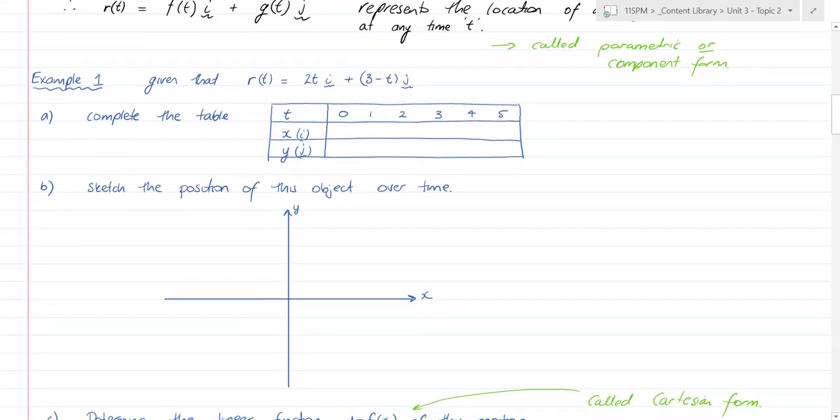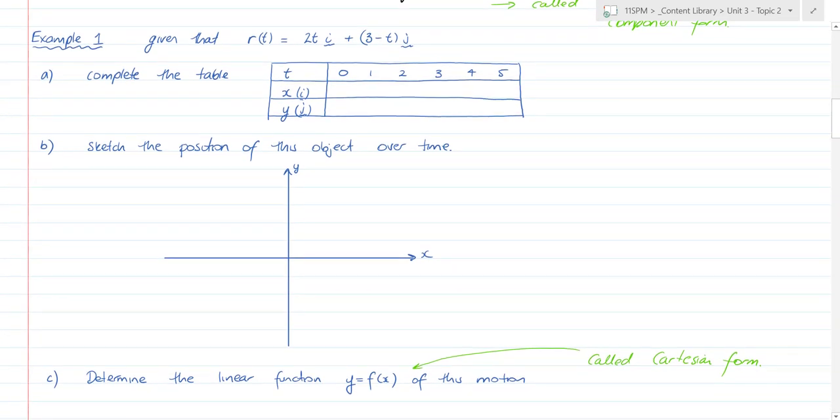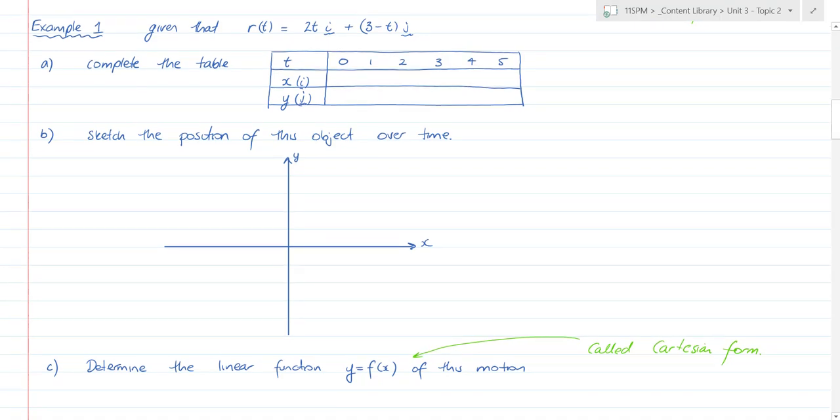And here's our first example. So we're going to eventually draw the position vector here. And I've kept it fairly simple in the first case, and then we'll build from here. So in example 1, given r(t), which is our position vector notation, equals 2t i plus (3 minus t) j, complete this table. So the table represents the position of the vector at 6 different moments, along 6 different time periods.